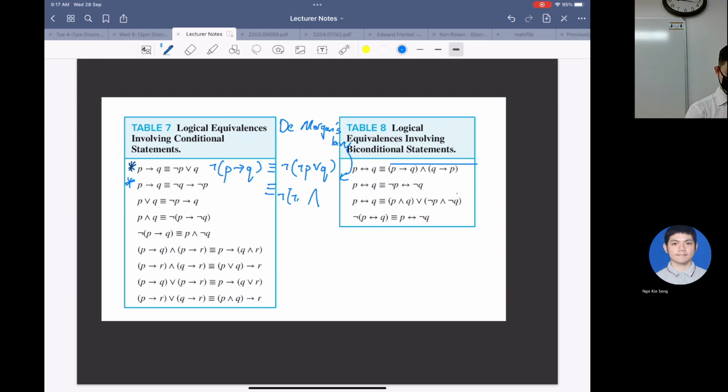So not P and not Q. Then double negation law gives you not not P becomes what?